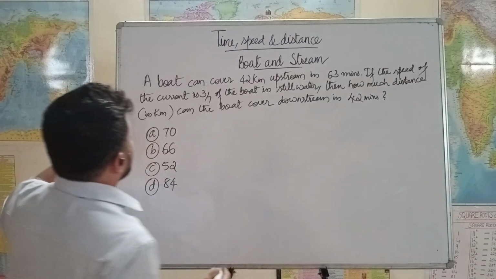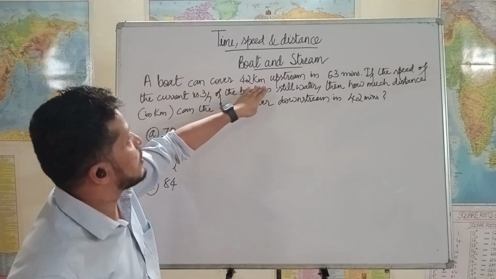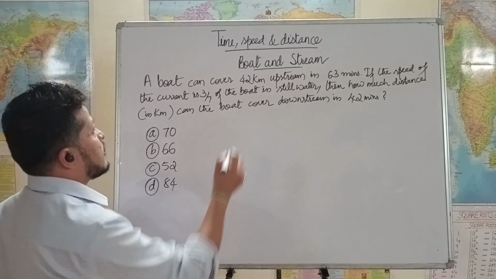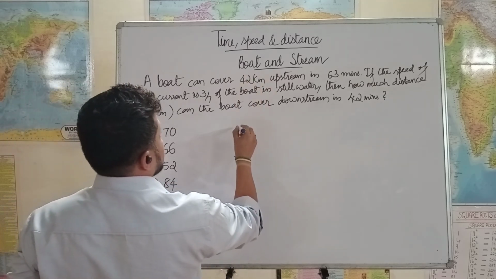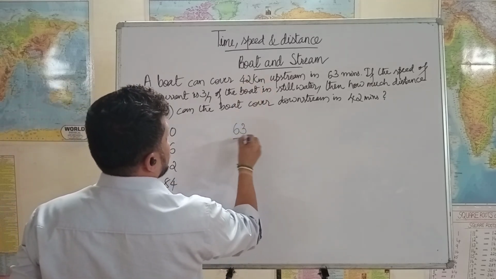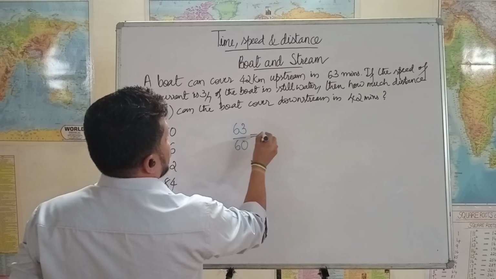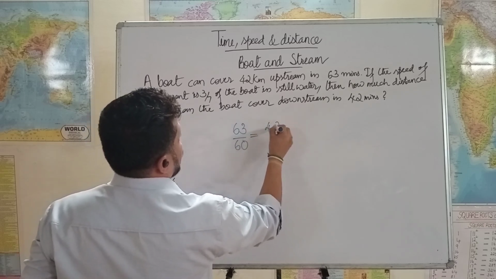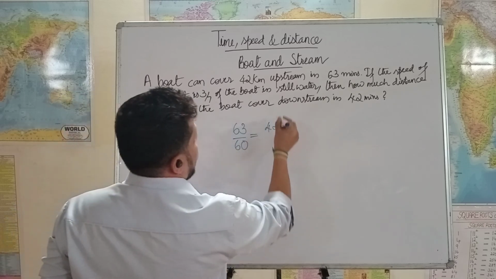See, what we have here is the boat can cover 42 kilometers upstream in 63 minutes, right? In 63 minutes is the time. In 63 minutes, it can cover 42 kilometers, which is the distance upstream.